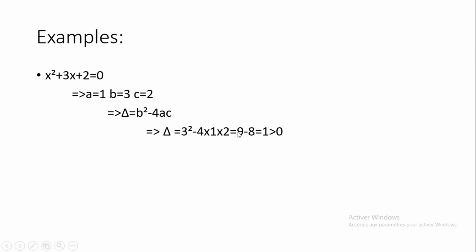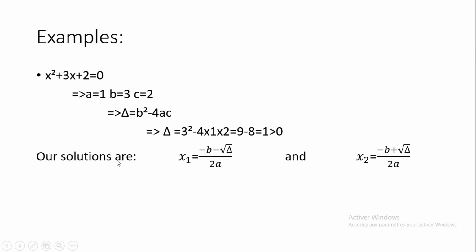So our delta is 9 minus 8, which is equal to 1. And as you can see, it's higher than 0. Then we have two solutions. x1 equals minus b minus the square root of delta over 2a, and x2 equals minus b plus the square root of delta over 2a.